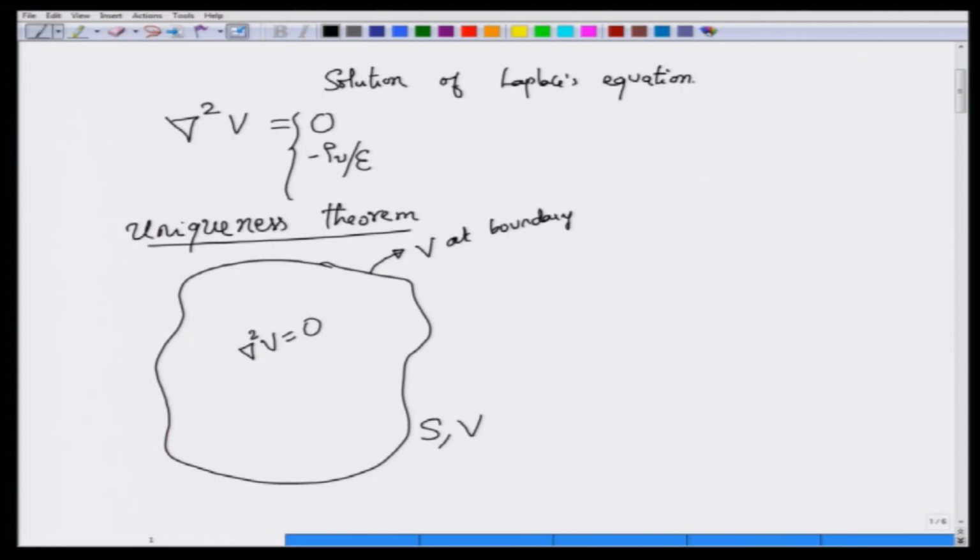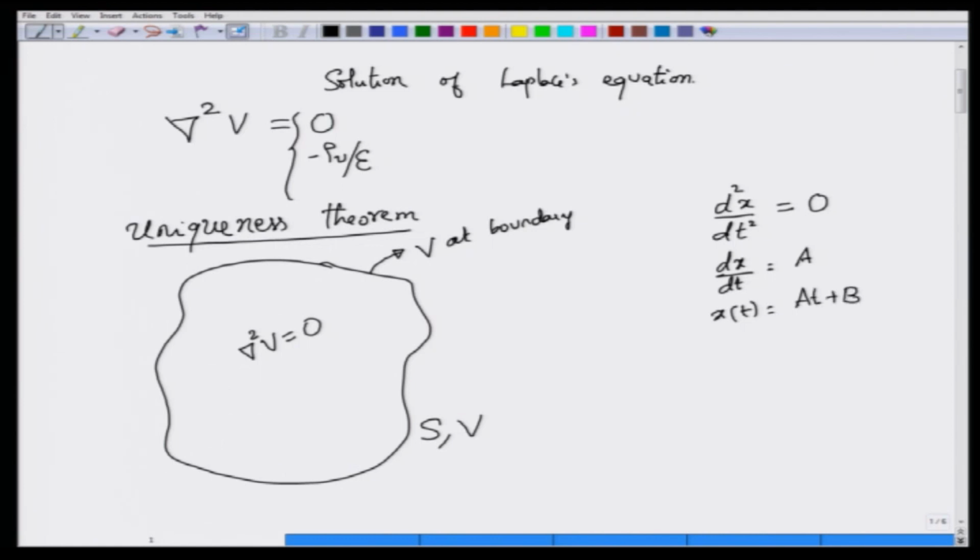If you are confused about why the solution requires a boundary condition, just consider an analogous equation, say d square x by dt square, which could for example represent the acceleration of a particle under no force. So, if I have this equation d square x by dt square, where x is a function of time, equal to 0, then if you integrate this equation once, you get dx by dt to be a constant, right, and you integrate once more, you get x of t, which is the displacement for example, to be a t plus b.